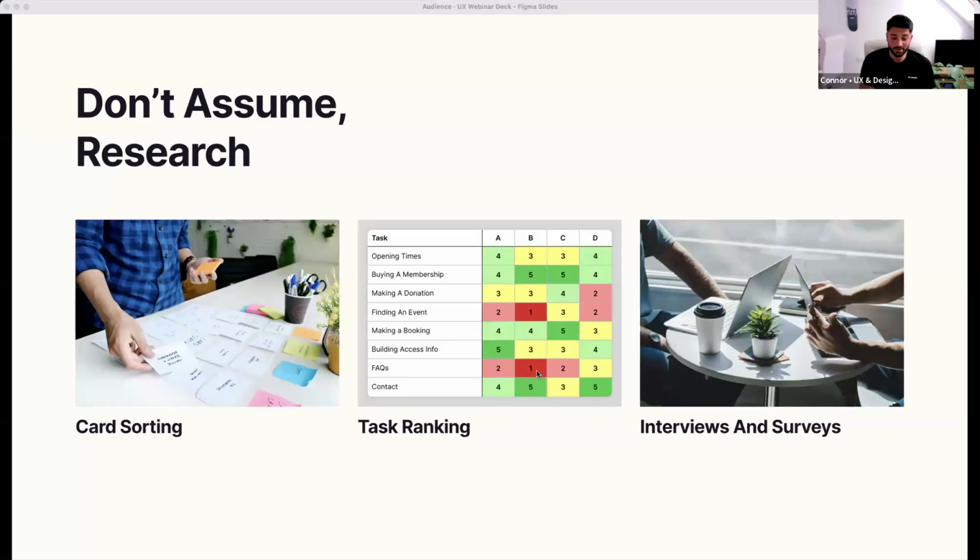I've done it in the past, asking my mum, my grandparents, my brother. These people don't necessarily have experience of your site, so they don't have the bias. And if the people you're asking, your friends and family, can't access it, then you can assume that actually the public can't either. But there's loads of different ways of doing it.